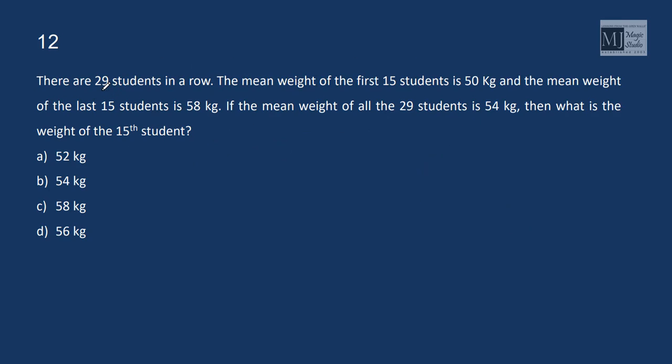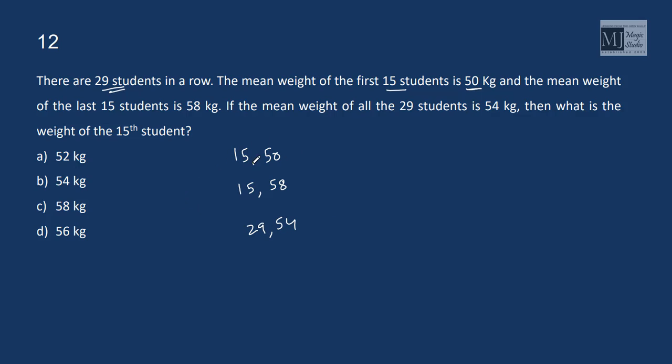There are 29 students in a row. The mean weight of first 15 students is 50, and the mean weight of last 15 students is 58. If the mean weight of all 29 students is 54, then what is the weight of the 15th student?